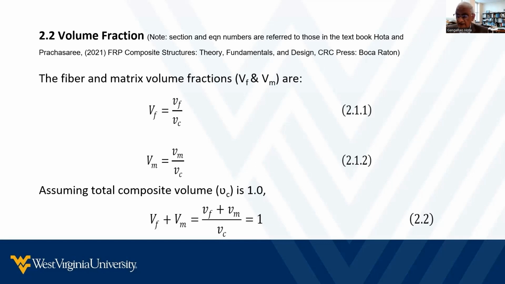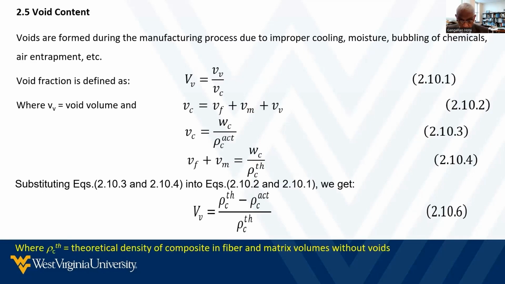The next slide talks about voids and how they are formed during the manufacturing process due to improper cooling or excess moisture, bubbling of the chemicals, or even overcrowding of fibers.